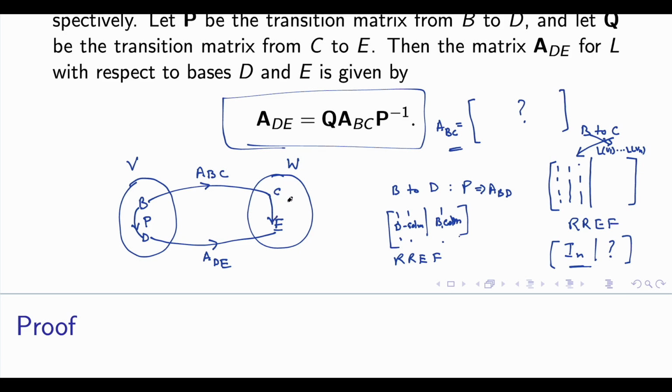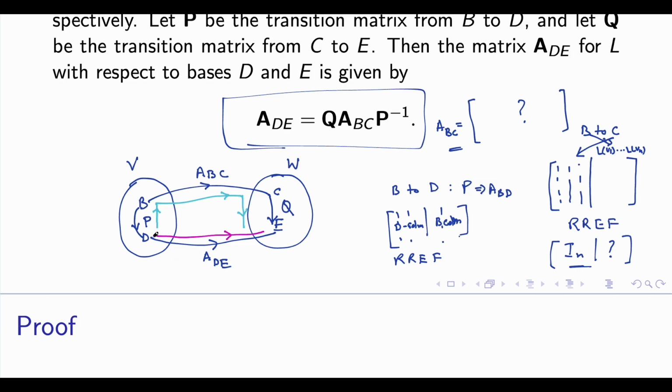You have been given C already in W and E already given, so you can always find the coordinatization from C to E. Let's say this is Q. So we want this route, which can be understood like I can go from this route and this route and this route.